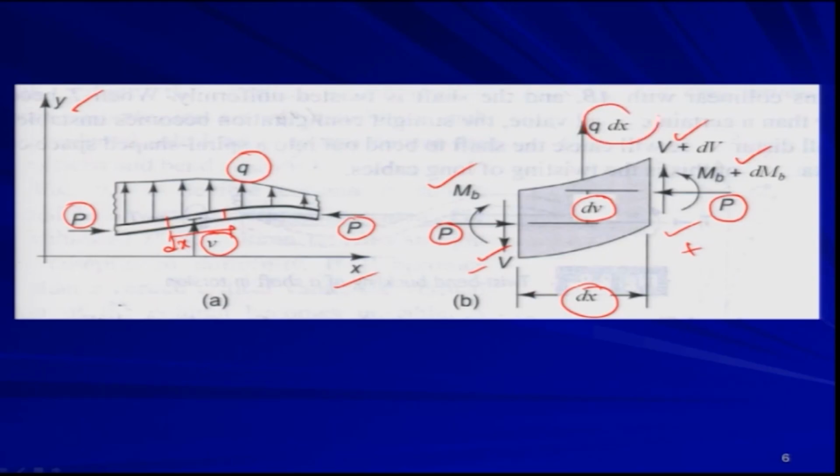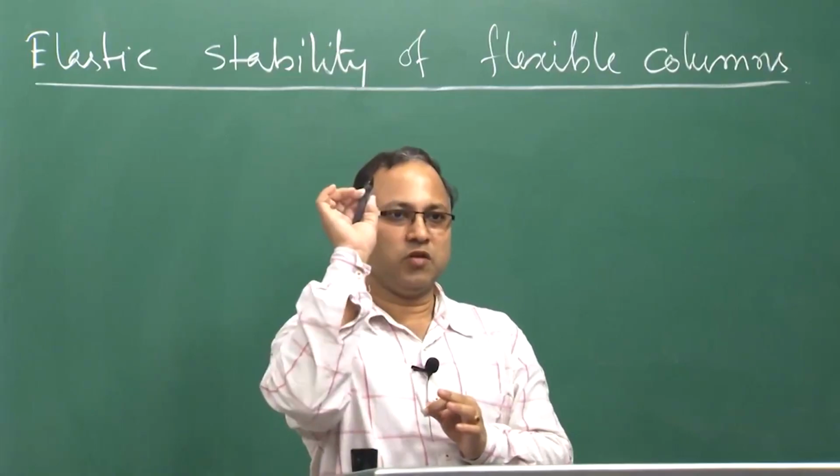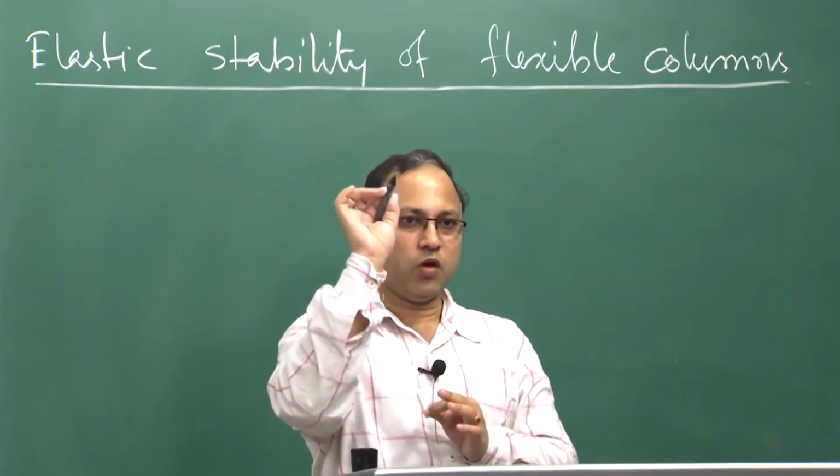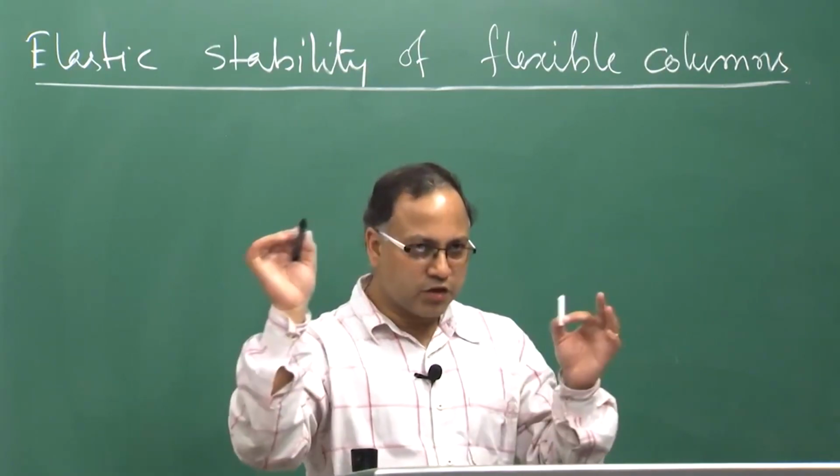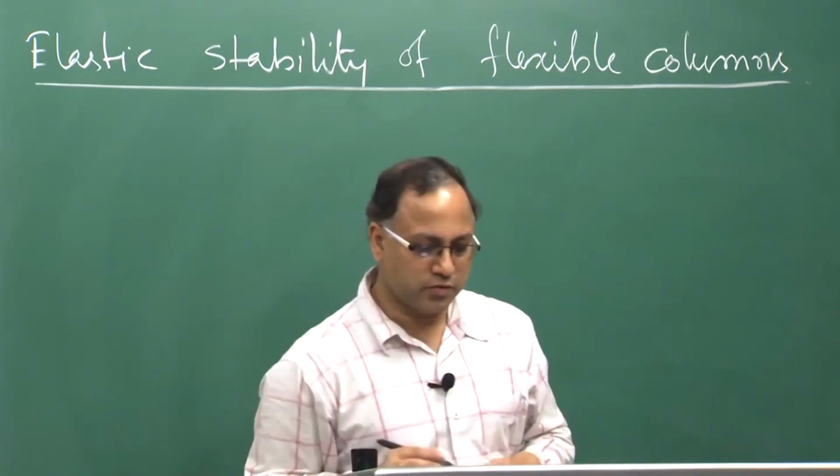And this is quite a good approximation, that Q into dx is the concentrated line load which is acting at the center of the member, instead of considering the distributed load.